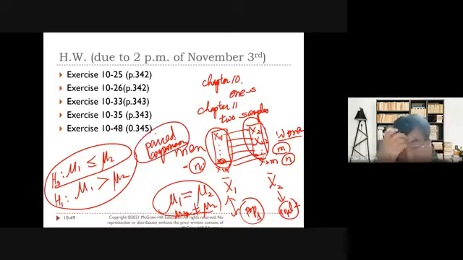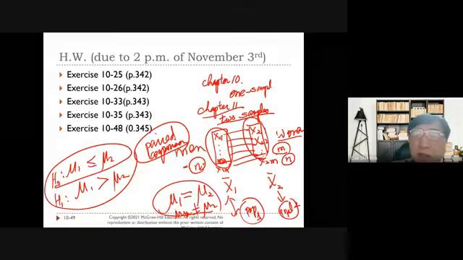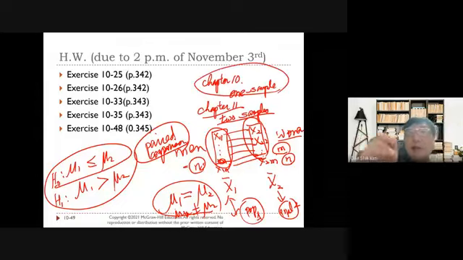Next week, chapter 11 is when we have two groups and compare them. Today we discussed only one sample, checking the sample mean. Using the sample mean, we try to estimate whether the population mean is equal to some number, or greater or less than some number, and so on.